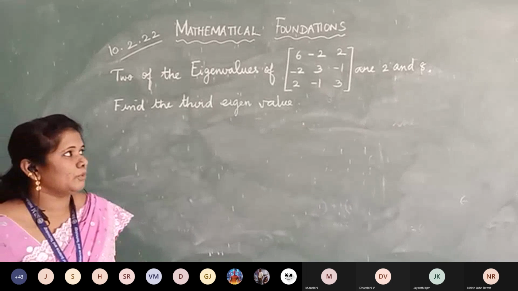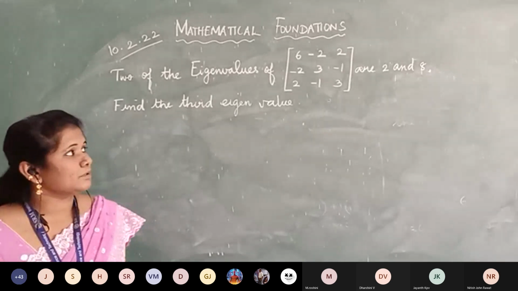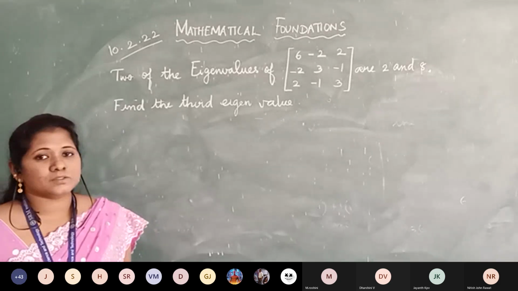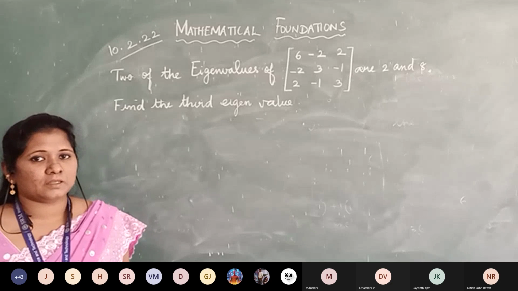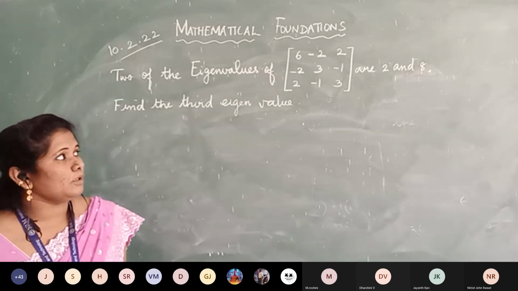See, you've been given two eigenvalues, and this is a 3 cross 3 matrix. Since it is a 3 cross 3 matrix, you should have 3 eigenvalues. So you should find the third eigenvalue. What can you find with what you've got?